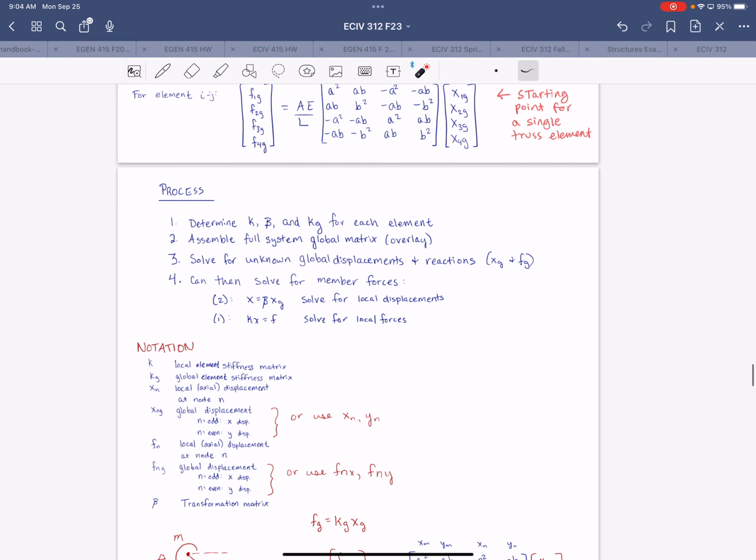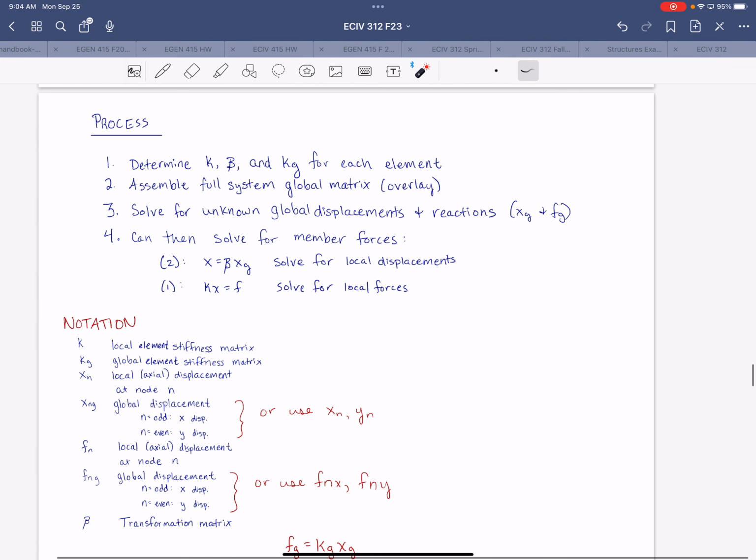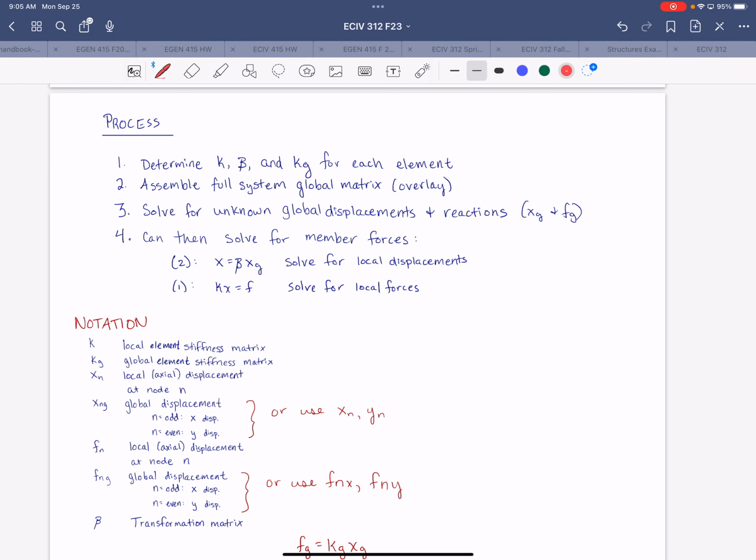So we'll summarize the overall process, and then have a few more comments on it, and then roll into an example. First, we want to determine the local stiffness, the transformation matrix, and then the global stiffness for each element. But as I said just now, really you can just start with the global stiffness matrix since we have that equation on the previous page.